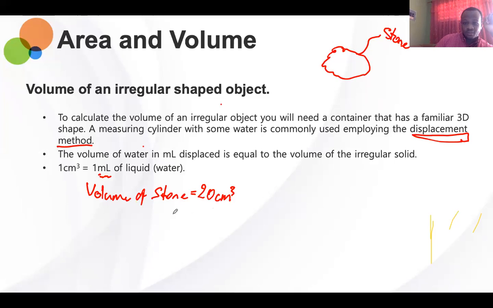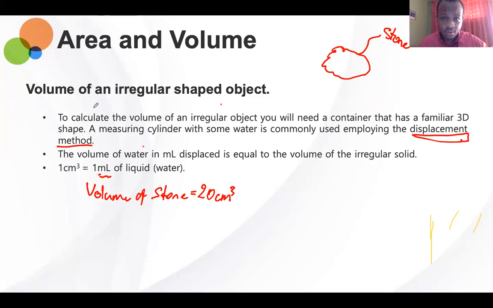In this case the stone is very small, so we don't want to convert this to meter cube. It will be a very small number. We can just leave it here. Just remember that it is meter cube or centimeter cube for our volume, right? Are we good?